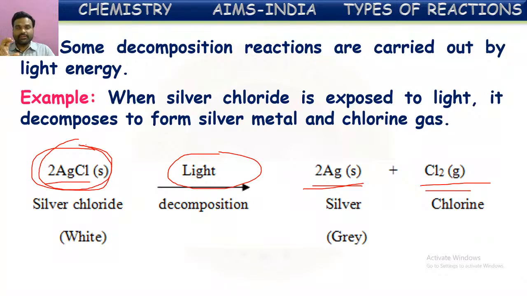It is always stored in brown colored or dark colored glass bottles, because if it is kept in a transparent glass bottle, because of the sunlight, the silver chloride present in that bottle splits into silver and chlorine. So chlorine gas will evaporate off, and no more silver chloride will be available in that container. So to protect it from the sunlight, silver chloride is always stored in dark or brown colored bottles. So this is one of the types of decomposition reactions.